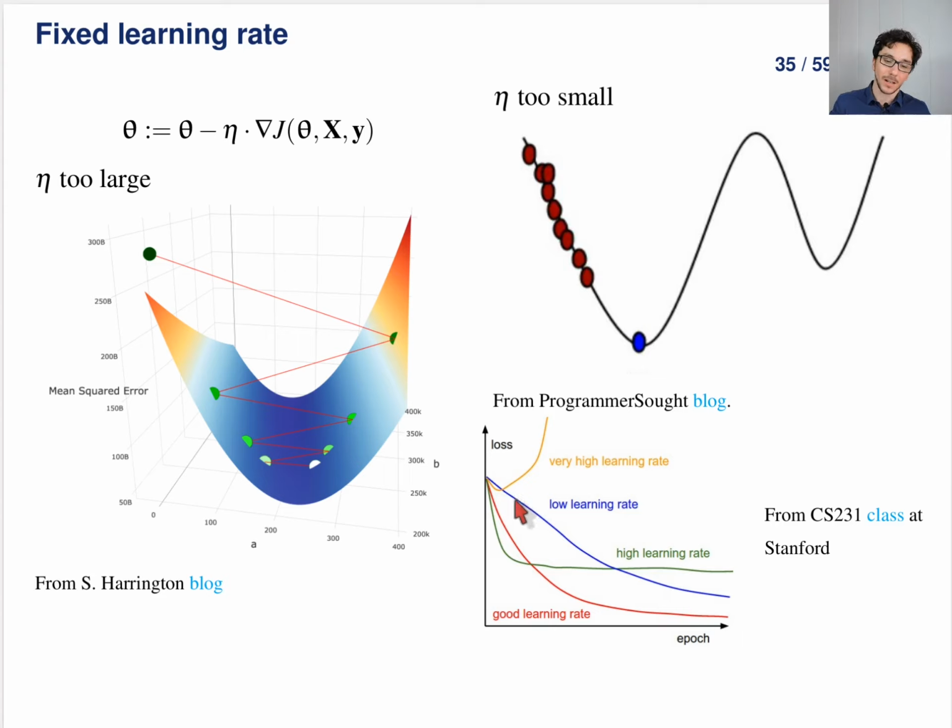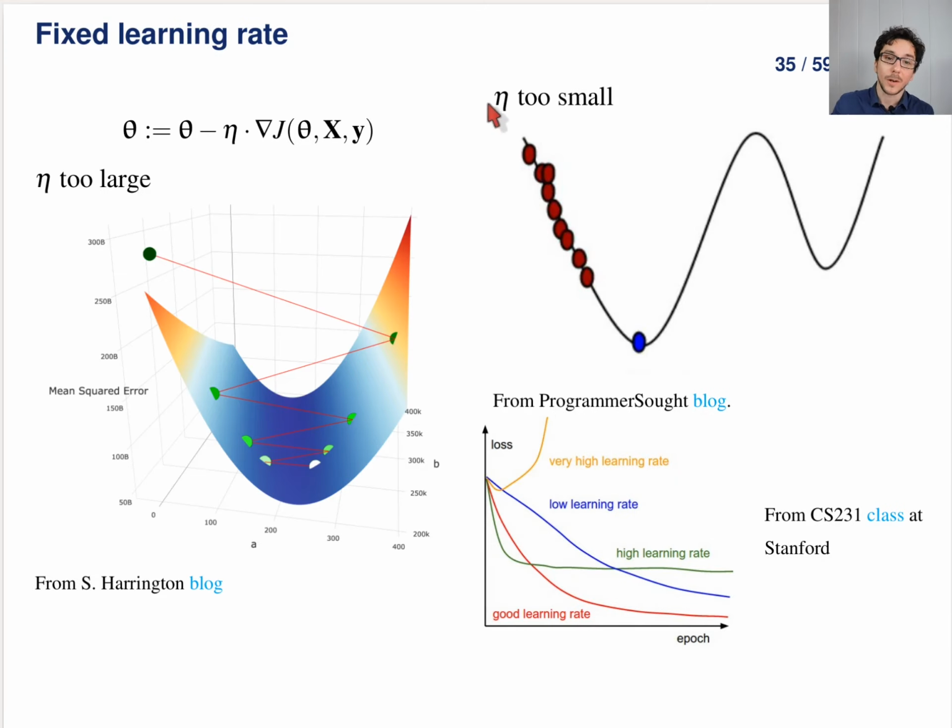Here you see some examples of losses with respect to the epochs with different learning rates. The low learning rate decreases the loss, but too slowly. The very high learning rate keeps you away from the minimum, while a good learning rate decreases quite fast and then keeps decreasing the loss.